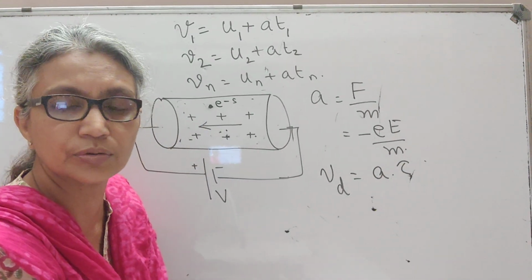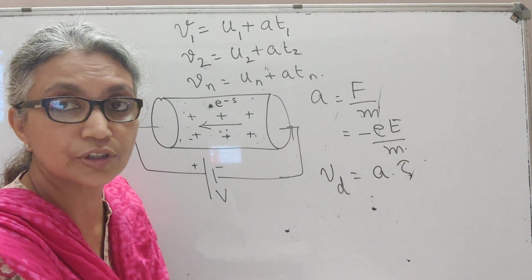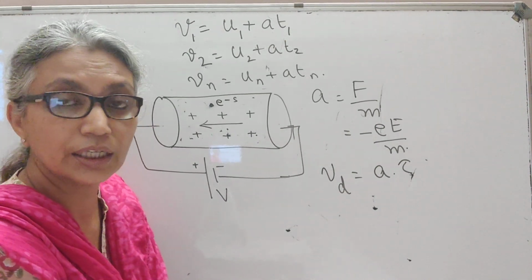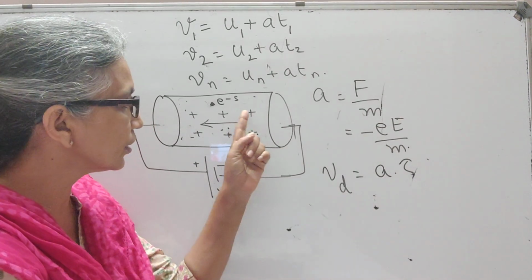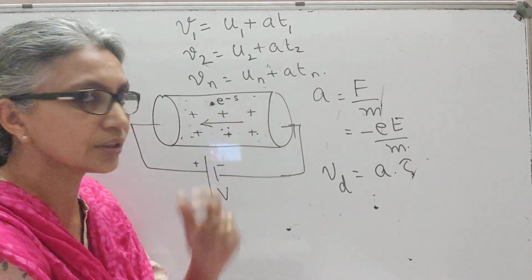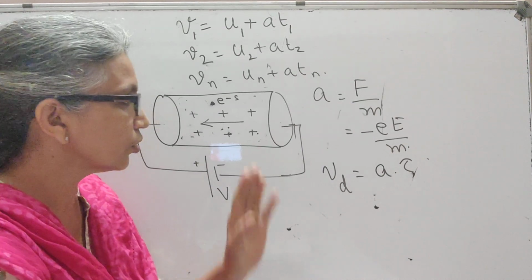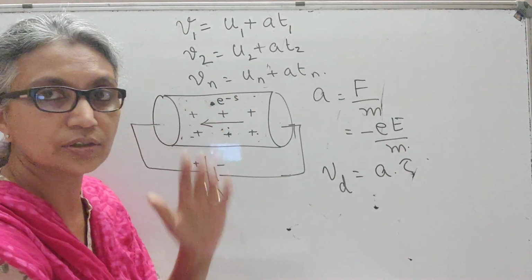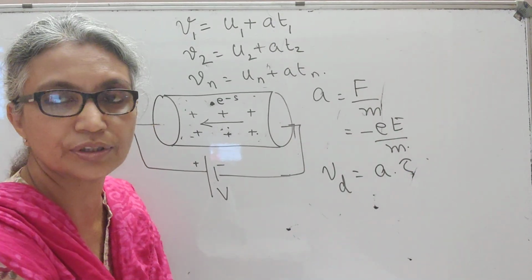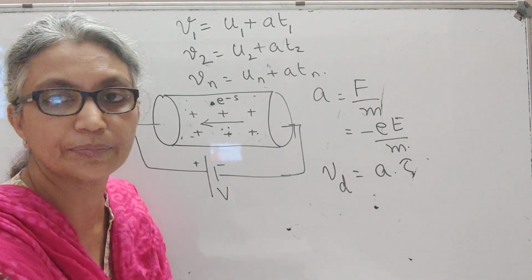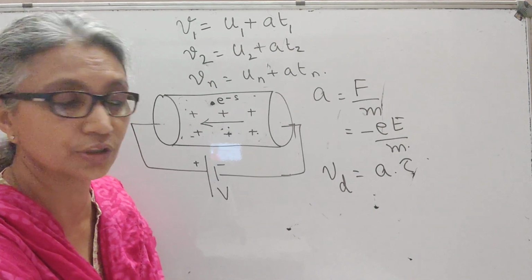It's not a new term to you. In 11th standard we learned the chapter called kinetic theory, in which I had introduced this tau called the relaxation time, that is the time interval between two successive collisions of this electron. So between one collision and the next collision, that average time gap is what you call as tau, the relaxation time.